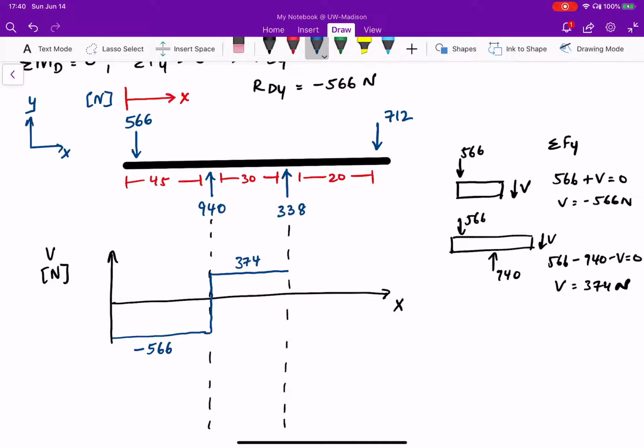And now I have to displace in the positive sense by 338 because 338 is pointing in the same direction as positive y. So 374 plus 338, which is 712.